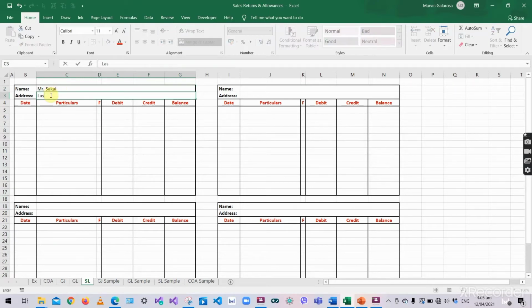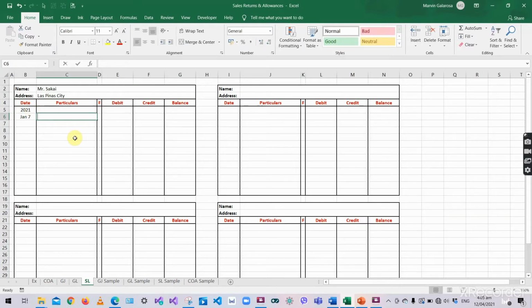Address, assume na lang natin nasa Las Piñas siya. Date, 2021, January 7. Particular, SI number 001.